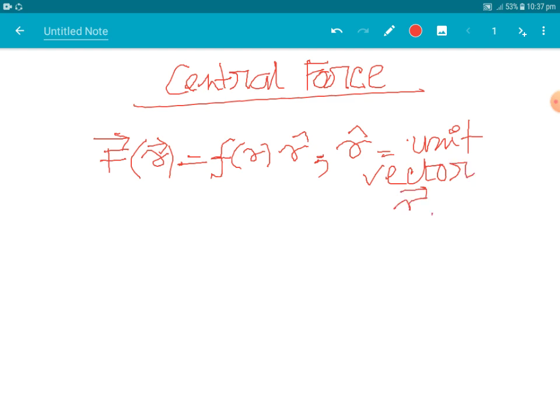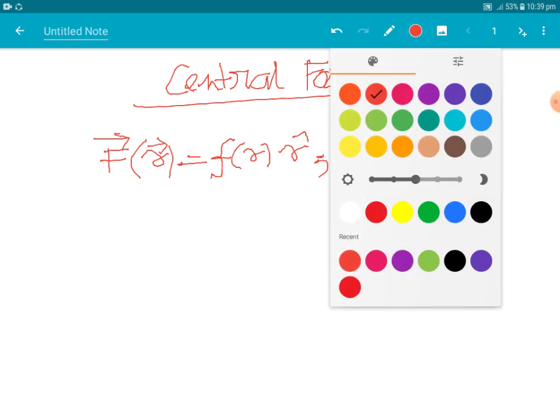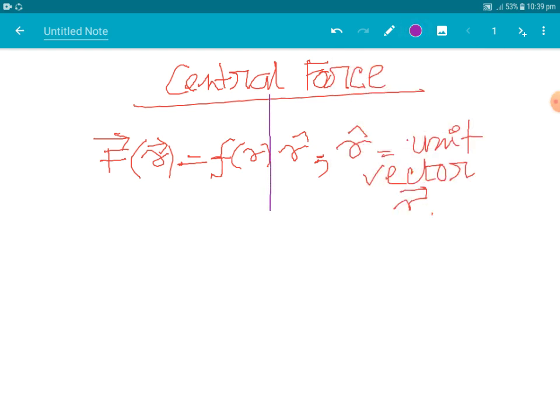Now the central force is of two types. One is attractive and another is repulsive.